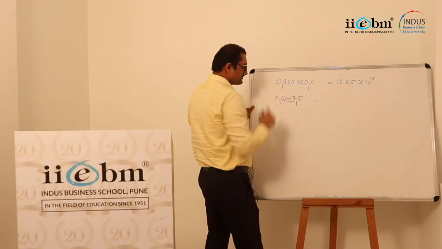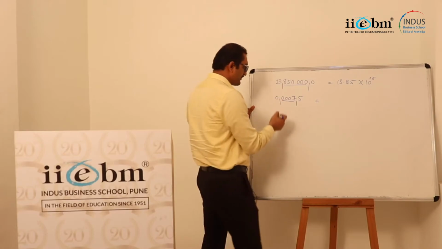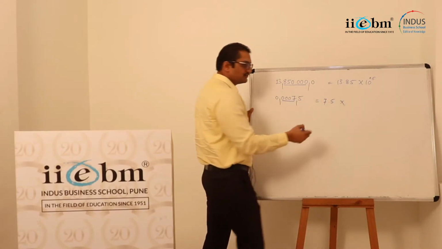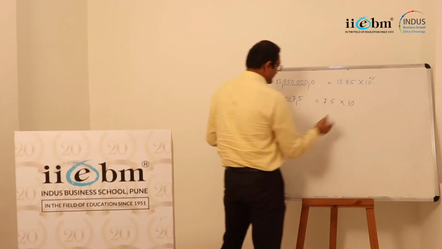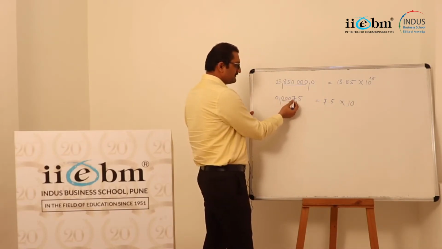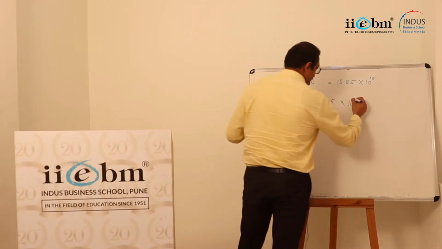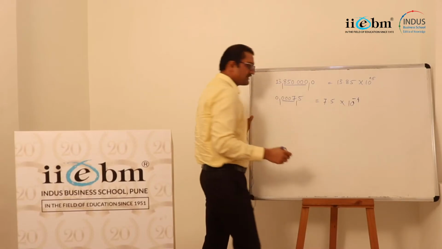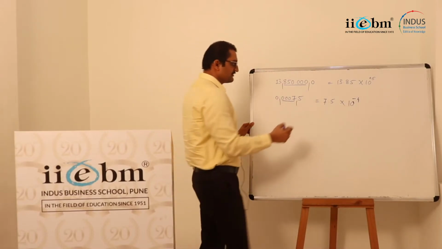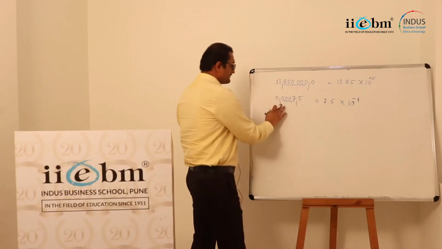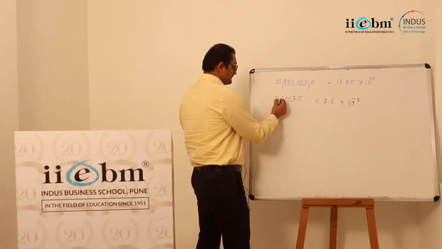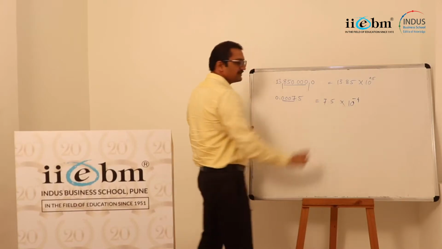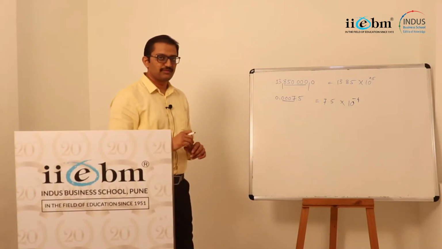I have to count the numbers in between these 2 points. So I can represent this number as 7.5 into 10 raised to 1, 2, 3, 4. So 10 raised to minus 4. So this is how I can represent 0.00075 as 7.5 into 10 raised to minus 4.